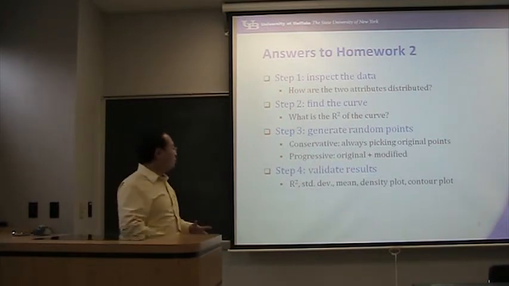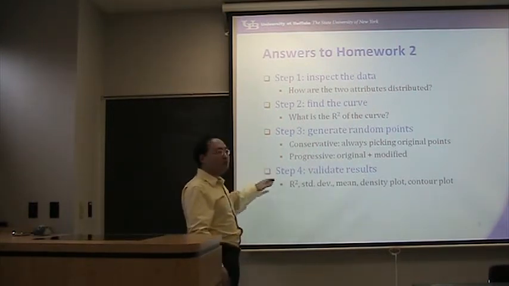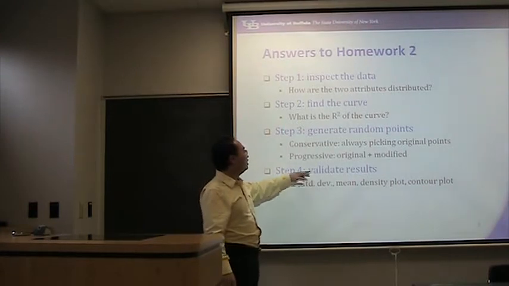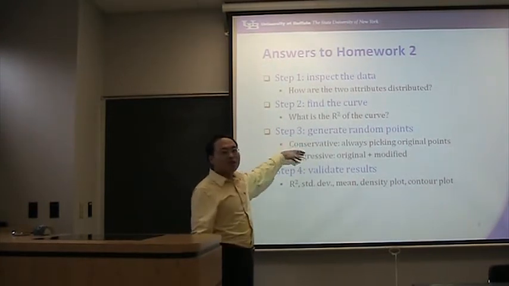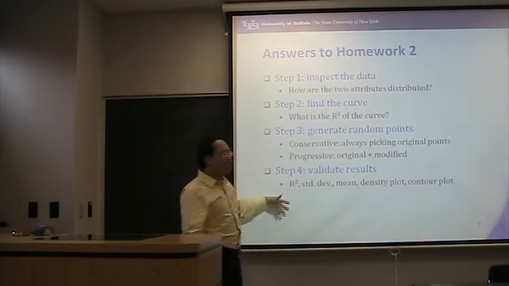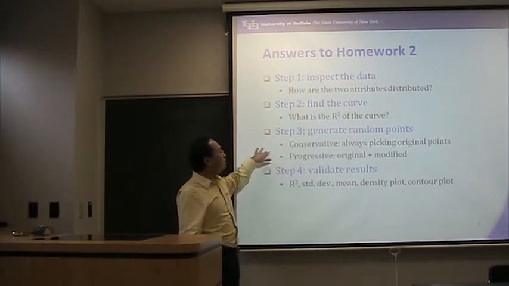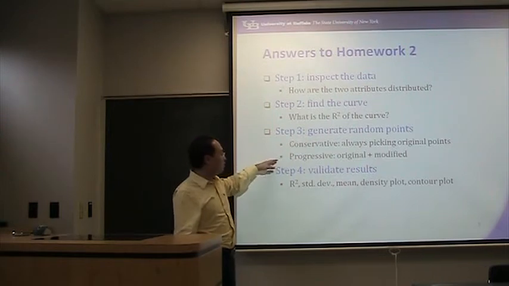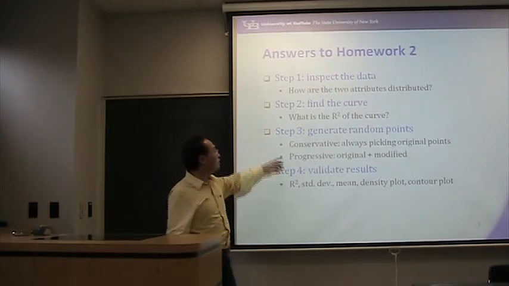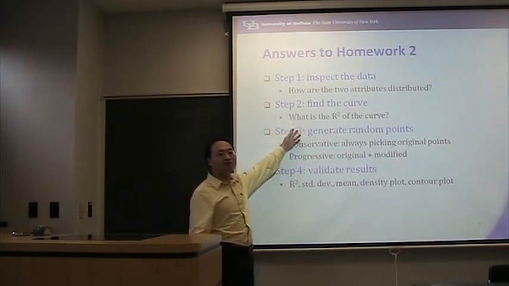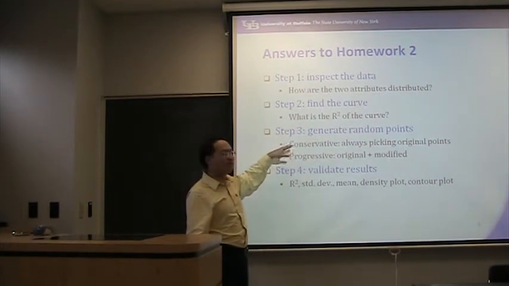And the last step, which is the most essential step, is to validate the result. These steps can be replaced, but in the end, you have to validate those results are good. So if you generate your points based on the fitted curve, you need this R square. You already got the R square when you created a fitted curve.